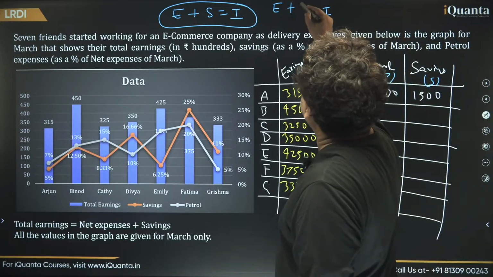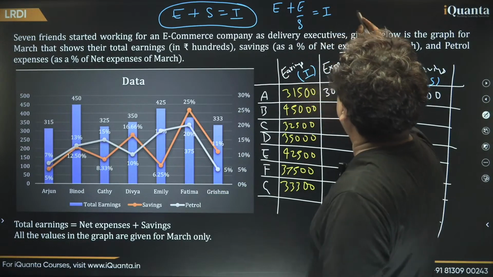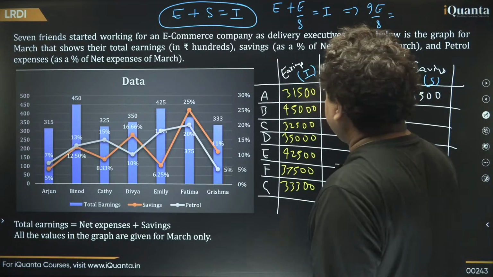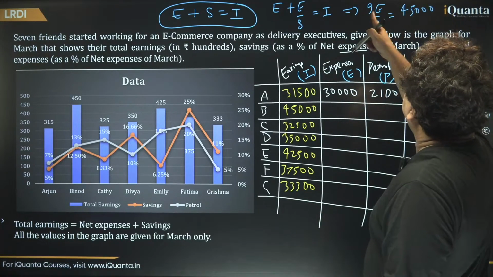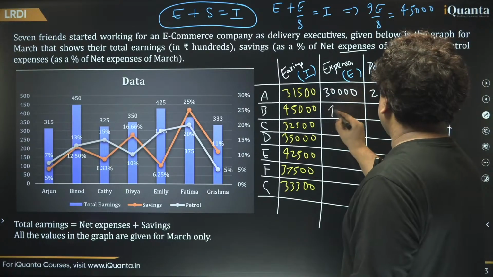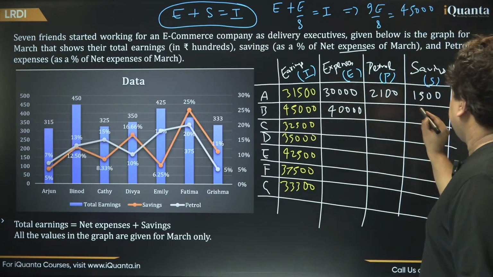So E plus E by 8 for Binod, this should be the value. I'll get 9E by 8 is equal to the income for Binod, which is 45,000. Nice. 9 5s are 5,000 into 8 is 40,000. So here I get 40,000, which means the savings are 5,000.